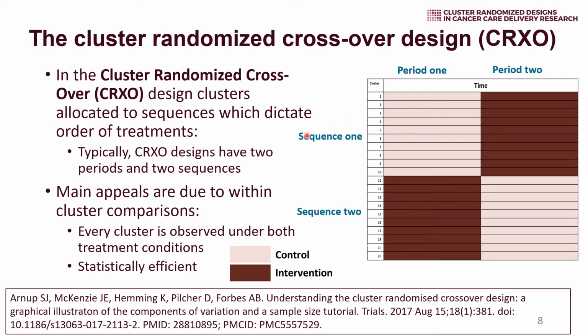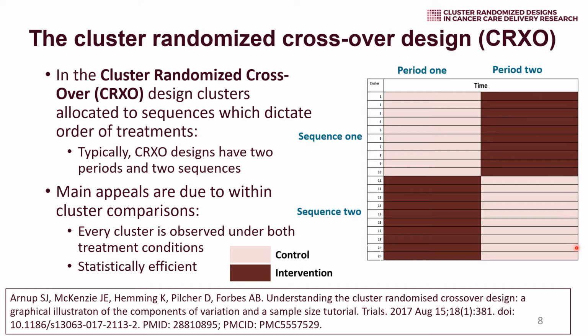So clusters allocated to sequence 1 are first observed under the control condition and then transition to the intervention condition, whereas clusters allocated to sequence 2 are first observed under the intervention condition and then transition and are observed under the control condition. So typically cluster randomized crossover designs have 2 sequences and 2 periods. So clusters are allocated either sequence 1 or sequence 2, and then clusters are observed during what we might call period 1, and then again under period 2.